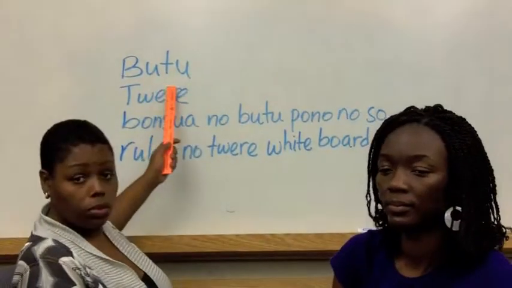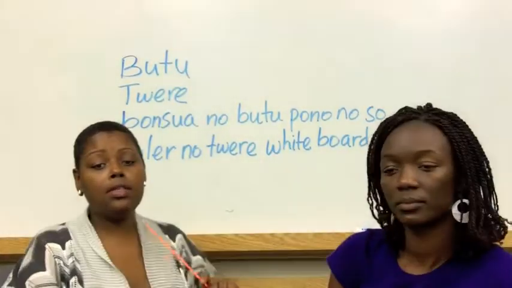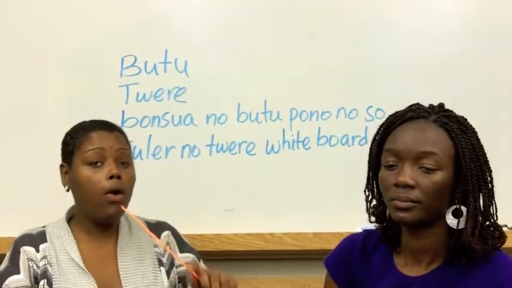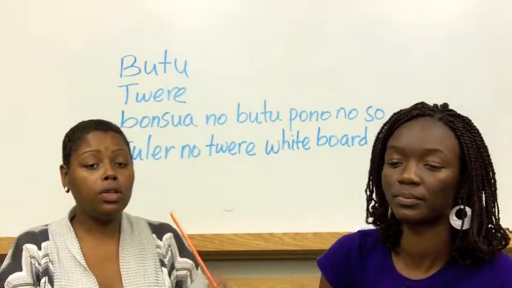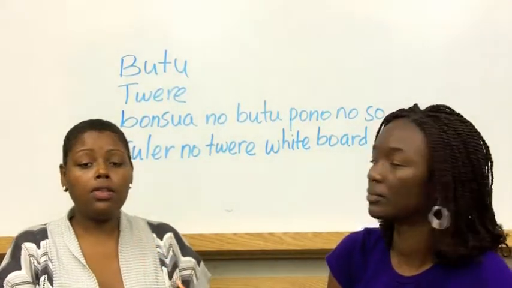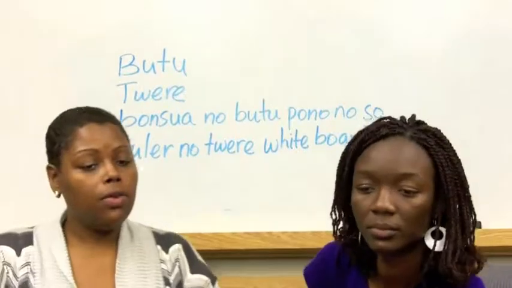Butu is used for objects that are used to cover over things or turned upside down. So if we turn this cup upside down like this, we'd say bonsia no butu pononoso.